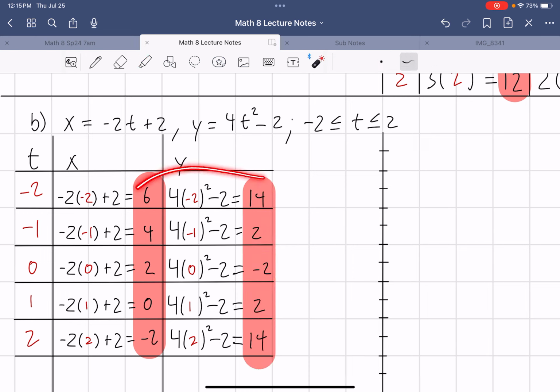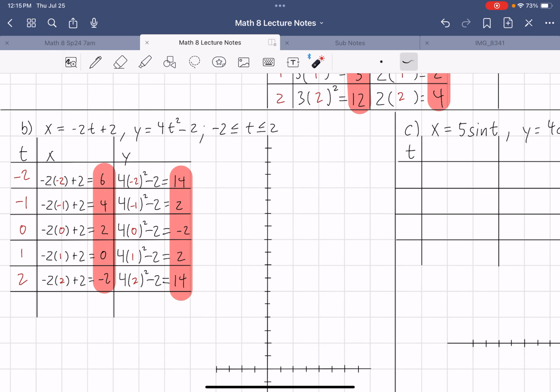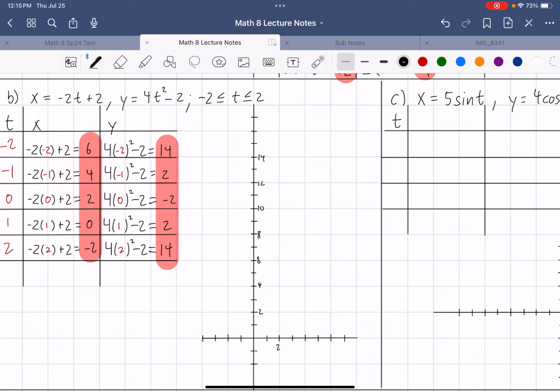But we're going to start with this 6 and 14. So this is 2, 4, 6, 8, 10, 12, 14. Let me put the numbers, if that helps. And same at the bottom: 2, 4, 6. And now help me put my very first point at 6 and 14.